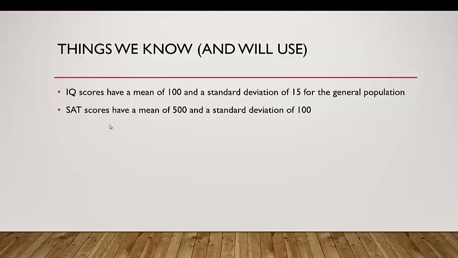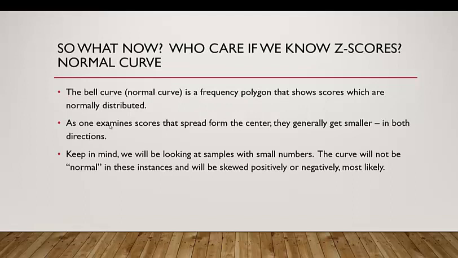We also know that SAT scores have a mean of 500 and a standard deviation of 100. Okay? So we're going to come back to that in just a minute. So I want to throw those out to you and get you thinking about the possibilities of what we can do once we have standardized scores.